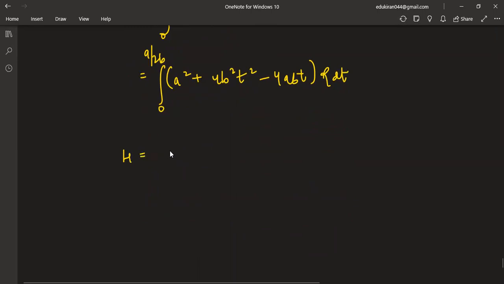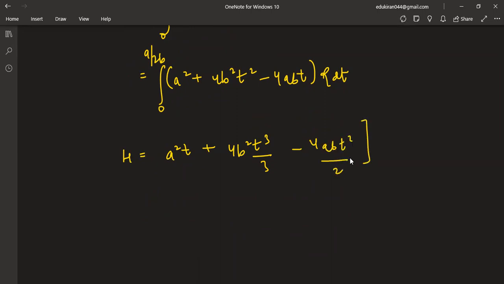So H will be A square t plus 4b square t cubed by 3, minus 4ab t square by 2. Limits will be 0 to A by 2b. So wherever you are having t, you just have to put A by 2b. Right, so when you solve this, put these values in here. This will be equal to A cube R by 6b, which is option D.